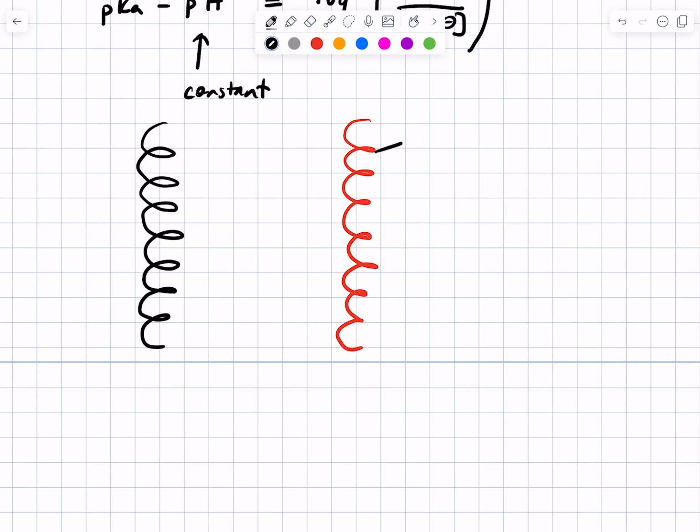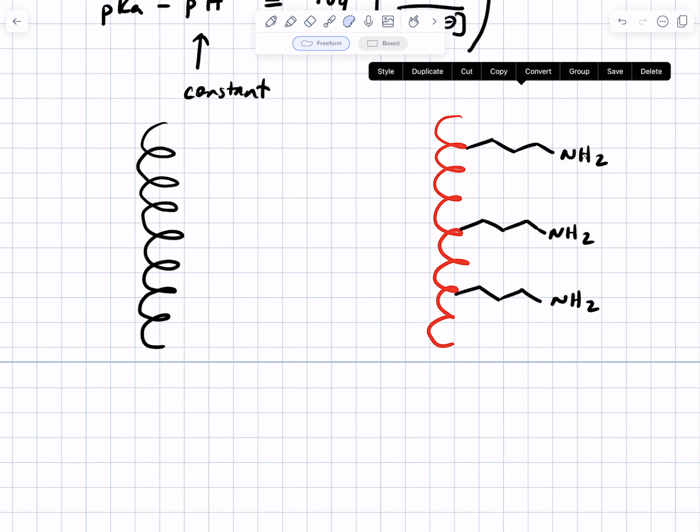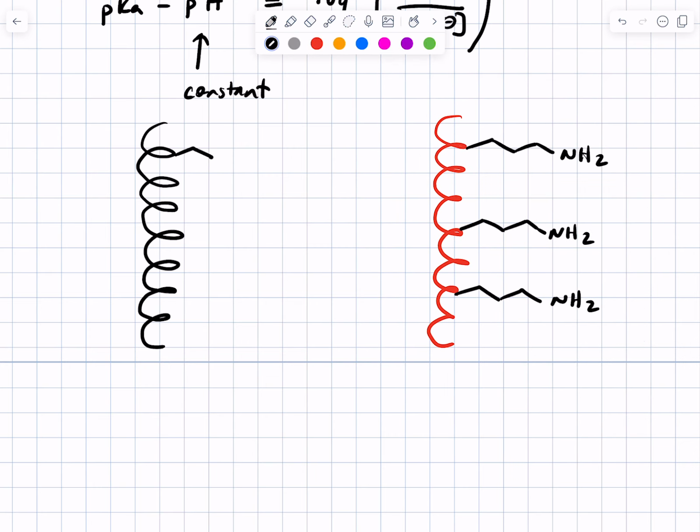One of them has a lot of side chains on it that look like this. I'm really, really abbreviating. And the other has a lot of side chains on it that look like this.